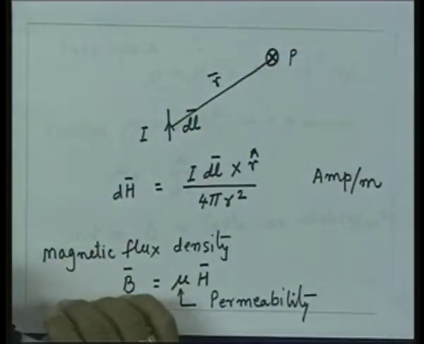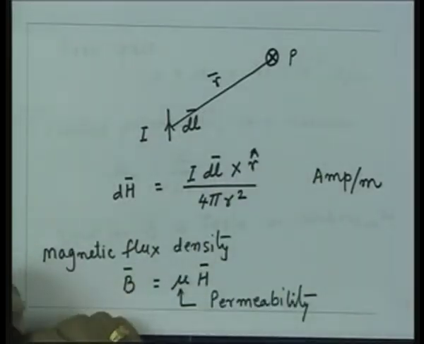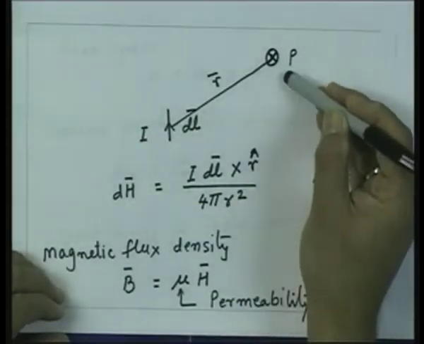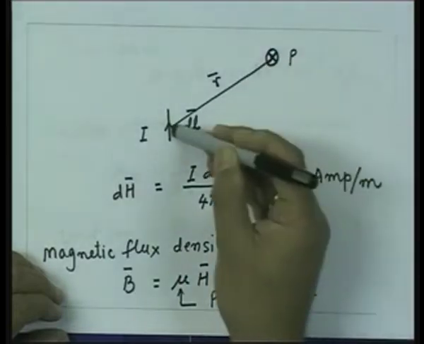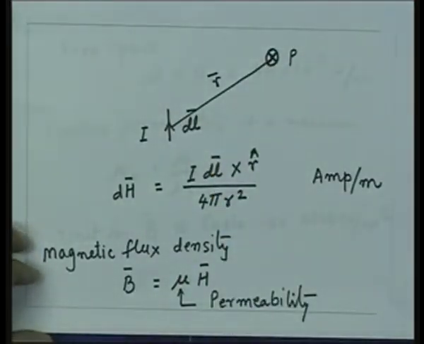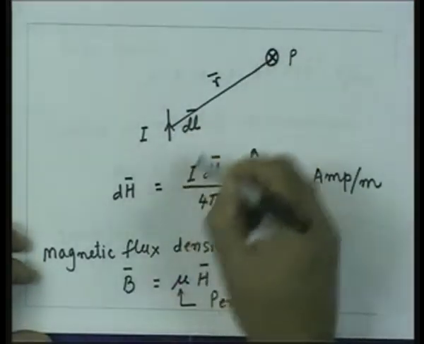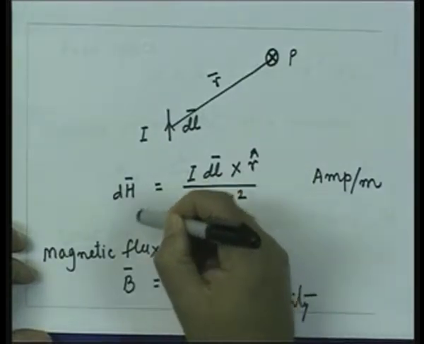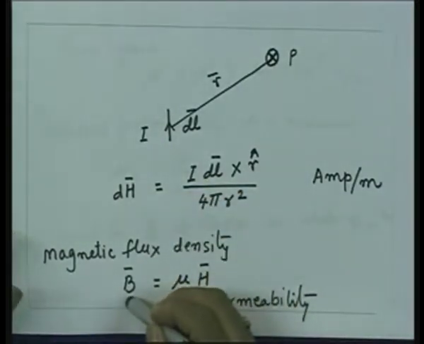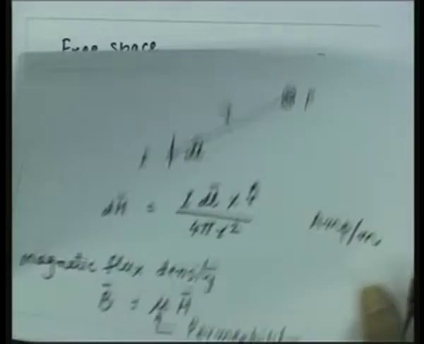Same thing we can define for the magnetic field also, that is the force which will be experienced by a unit magnetic pole if it is placed in the vicinity of a current. So, essentially the magnetic field strength and the magnetic flux density are vector quantities.